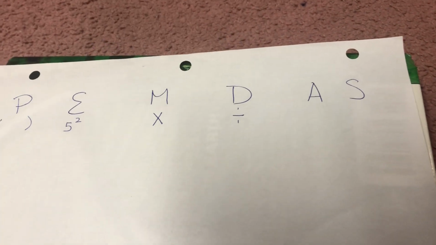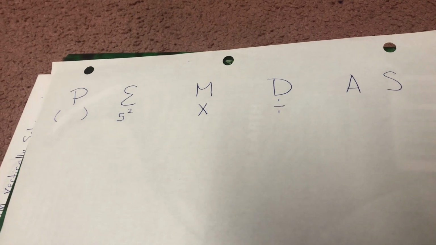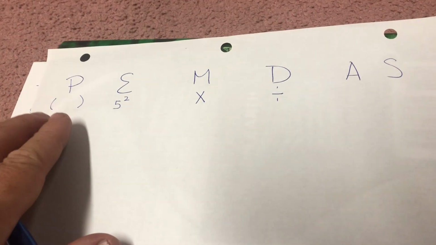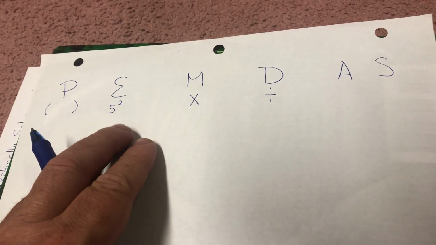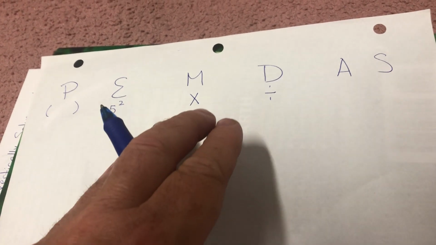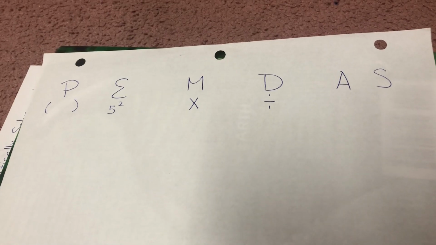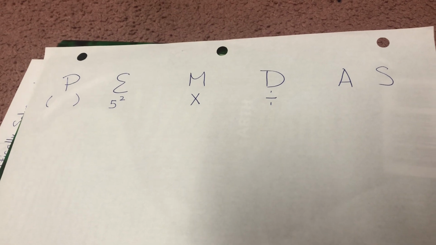Now I want to make something very clear, and that in the order of operations, we do parentheses, then we do clearing the exponents, but this does not mean we multiply and then divide. Multiplying and dividing is the same step, and you do it left to right.